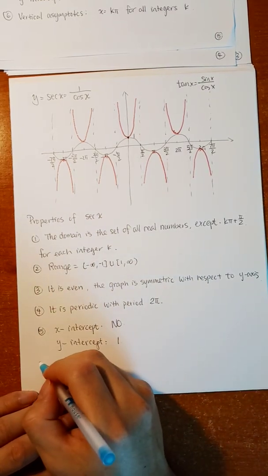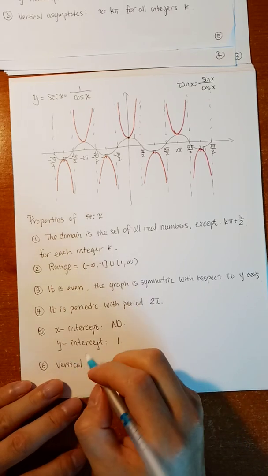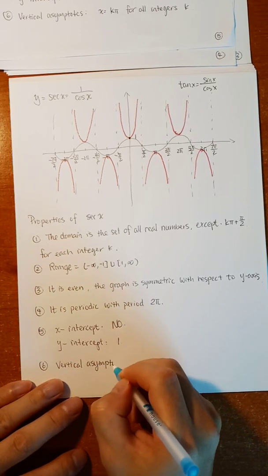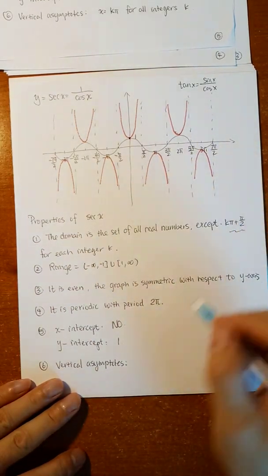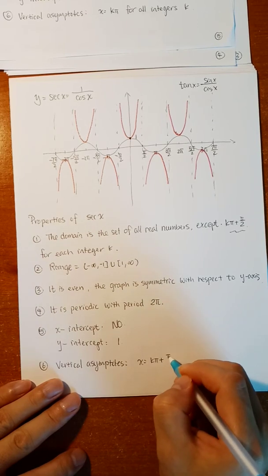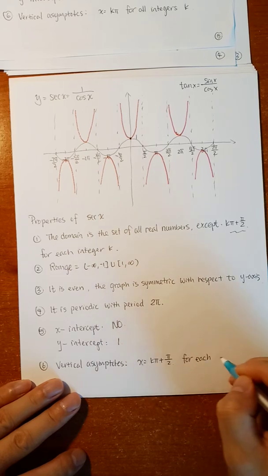And vertical asymptote. You see, we use those numbers again. X is equal to k pi plus pi over 2 for each integer k.